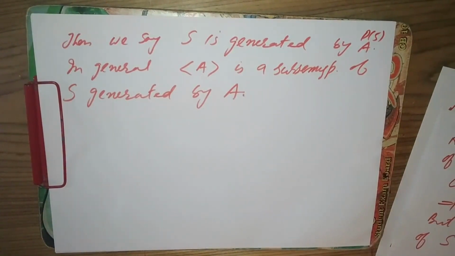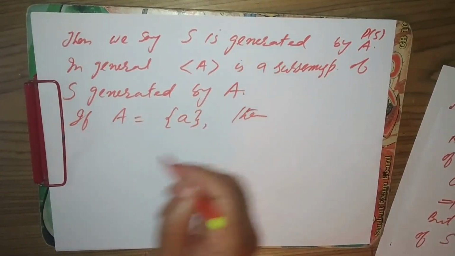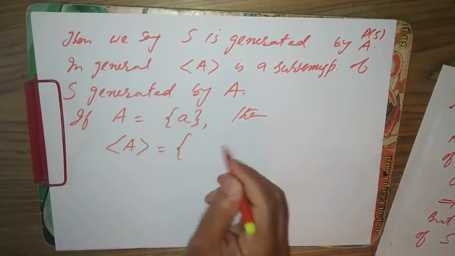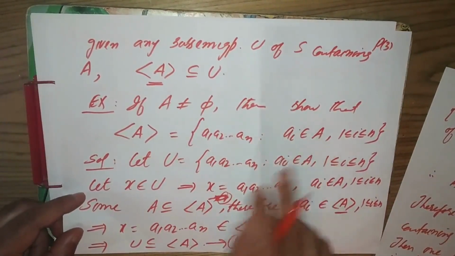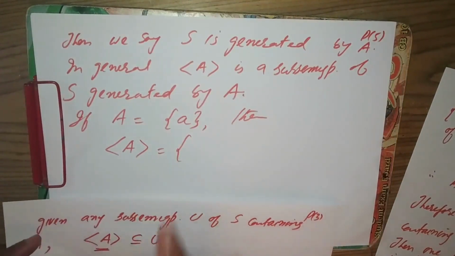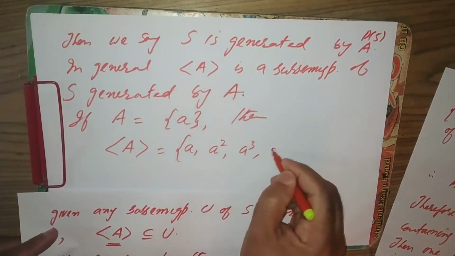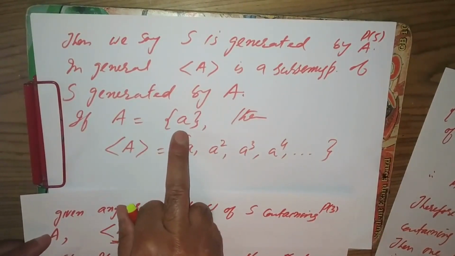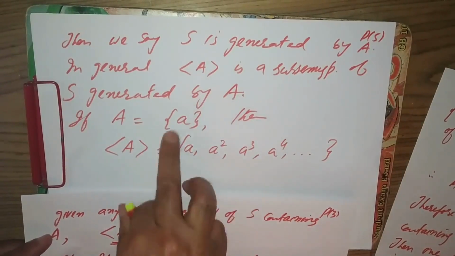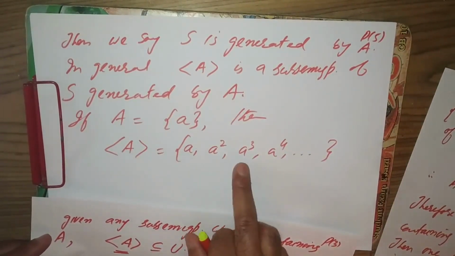Now in particular, if A is a singleton set, then the subsemigroup generated by A is equal to all the finite products of the elements of A, as we have shown. But in this case, A contains only one element A, so we take the products of A with itself: A, A square, A cube, A power 4, and so on.